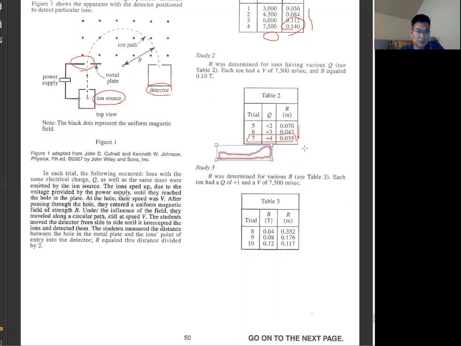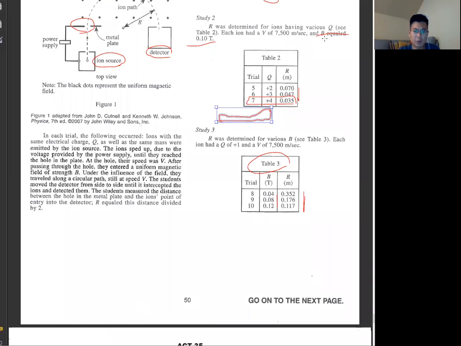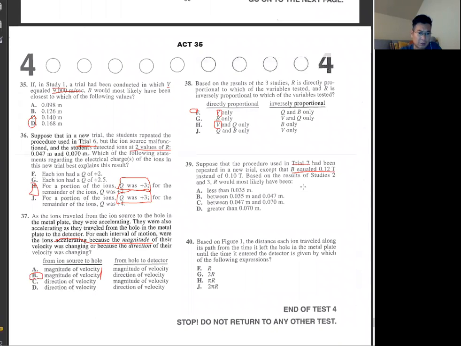But then it says that B is now different. So it says B is equal to 1.0. So now we can find the relationship between B and R, which is table 3. If you go, B increases, R is decreasing. So B increases from 1.0 to, what it's saying in the question, 1.12. Then R has to decrease, which means A.